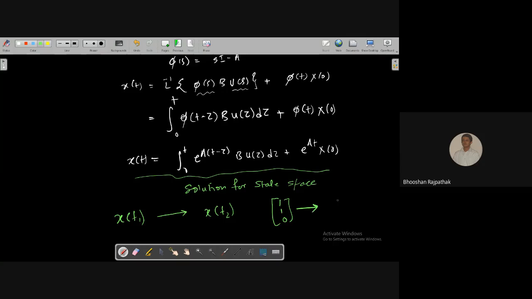And I want to change from 1, 1, 0 to, let's say, the value minus 1, 2 and 3. I want to change my x(t) from this to this value. At some time t1 I have this, and at some time t2 I want this. This t2 can be anything. Is it possible to change from this to this? If it is possible, then what will be the input? That is another question. But let's say if input exists, is it possible to change from this to this?